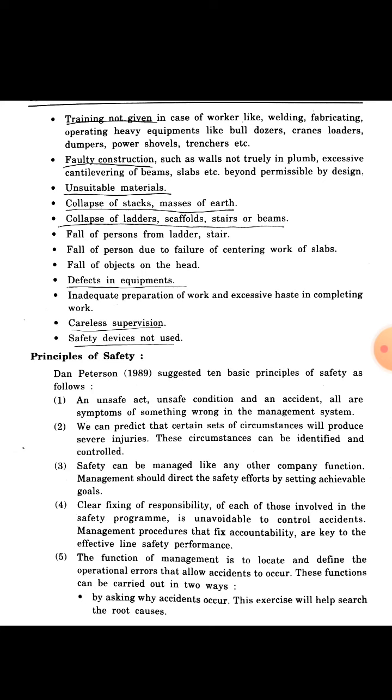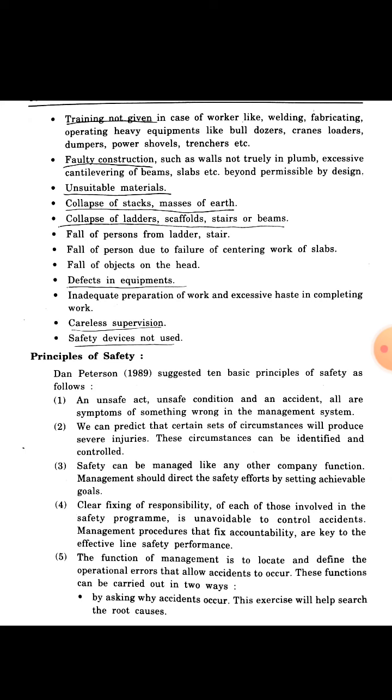Second, we can predict that certain sets of circumstances will produce severe injury. Third, safety can be managed like many other company functions. Fourth, there must be clear fixing of responsibility of each individual in a safety program.